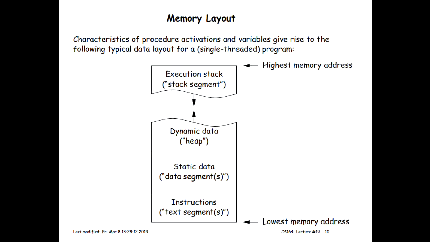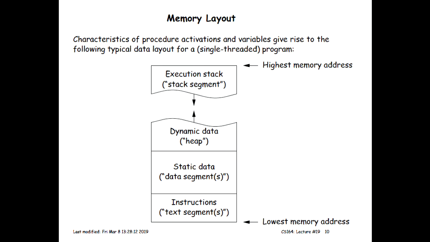Now here is a classic, not necessarily up to date, diagram of how a system might represent the storage, the state of an executing program. If this is the machine's actual memory, you have instructions down here somewhere.